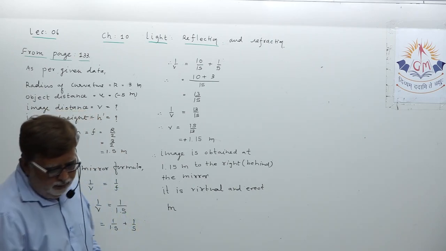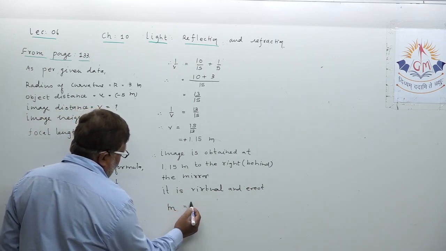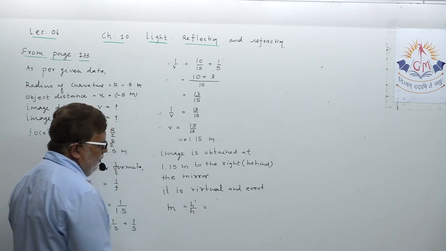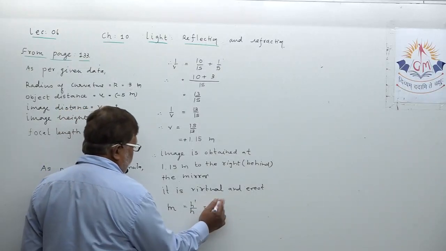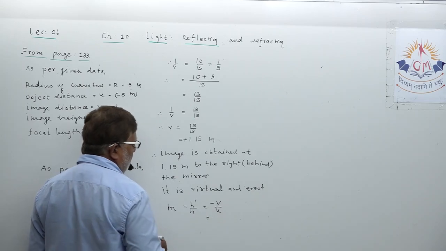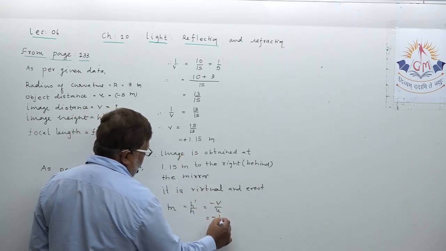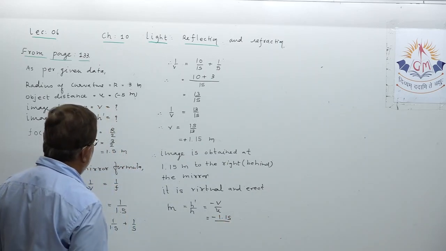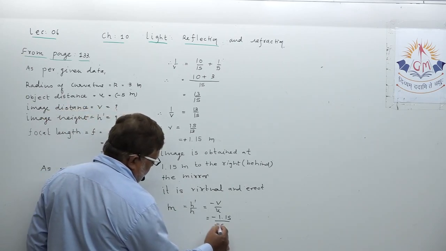Now see dear student, when you write this formula, you do not have h dash, you do not have h. So let us take the next formula, minus v upon u. What is v? You all know, minus 1.15. What is u? You all know, minus 5.